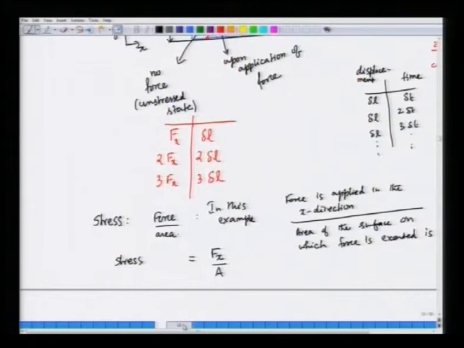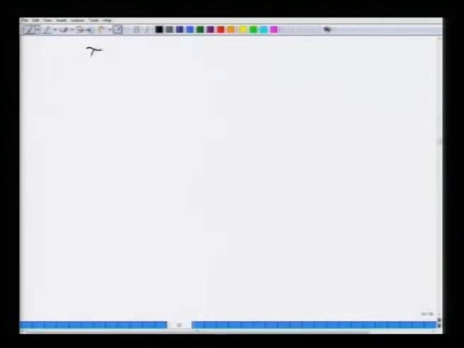Now, the stress is usually denoted by the symbol tau in fluid mechanics and in continuum mechanics in general, and it is described with two subscripts. Let me write down the subscripts and explain what they mean. The subscript x is the direction of the force.